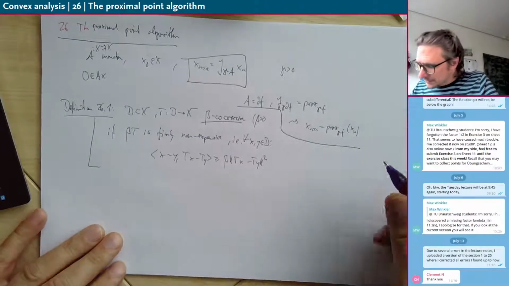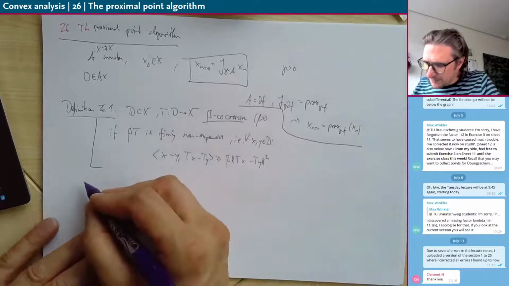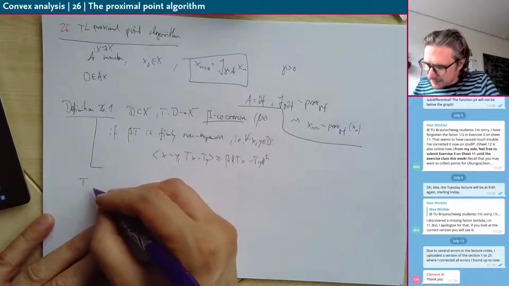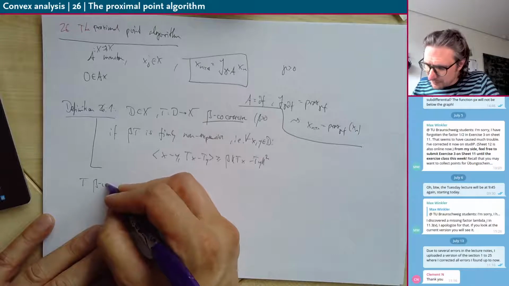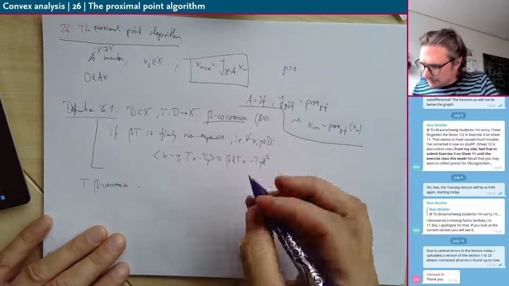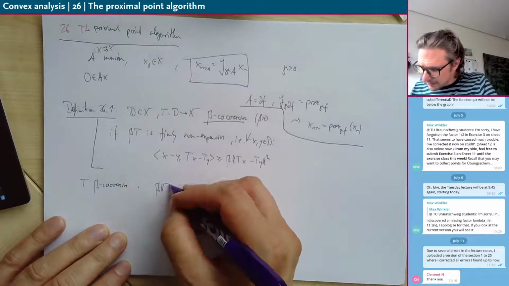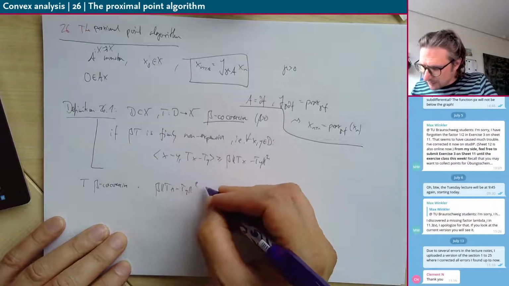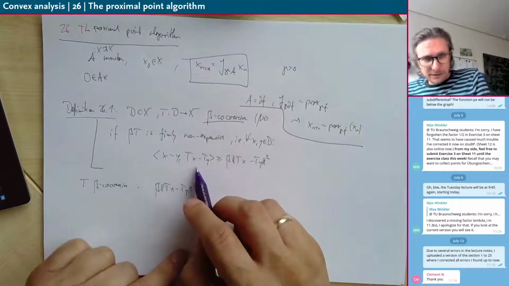So of course, one immediate consequence is, if T is beta coercive, then you get that beta times ||Tx - Ty||^2 is smaller than this inner product here.